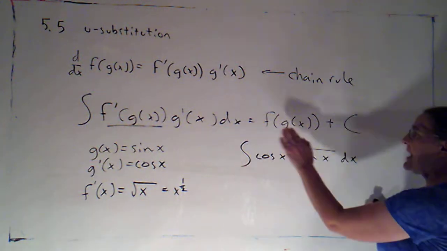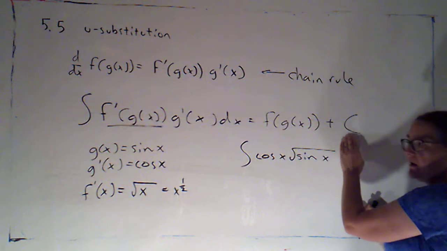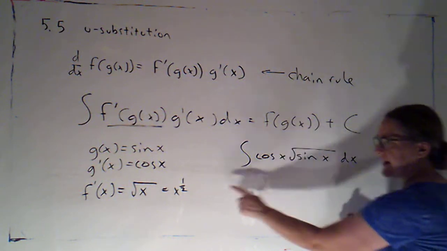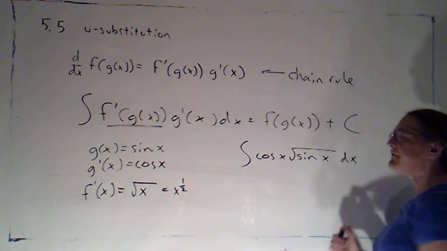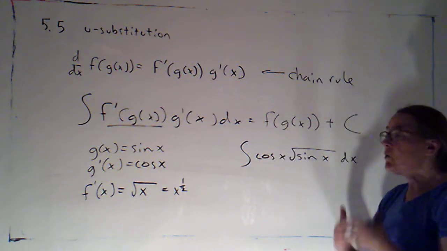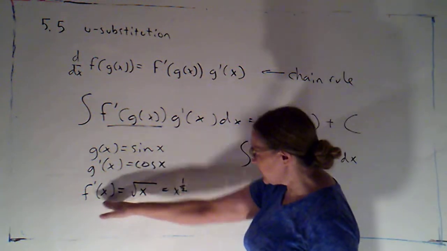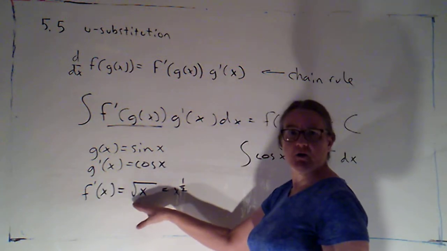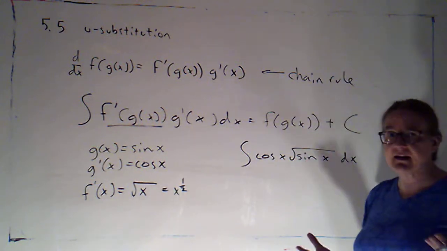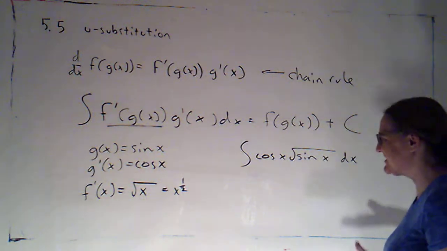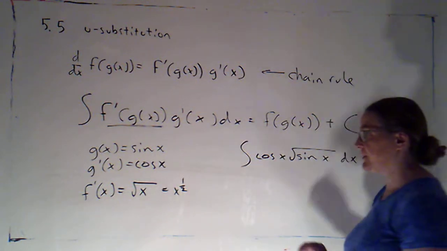So now I know that my antiderivative is going to be f of g of x plus c. Well, notice I already know what the g of x is because that shows up on both sides of the equation. I need to figure out what f is. So the anti-differentiation that I need to do is really just focusing on that square root function. I see a whole bunch of trig going on here, but I'm not going to be finding antiderivatives of trig functions. I'm going to be finding an antiderivative of the square root function.